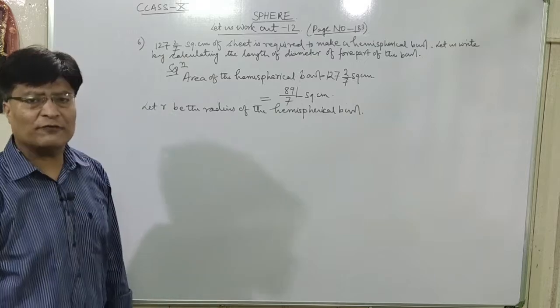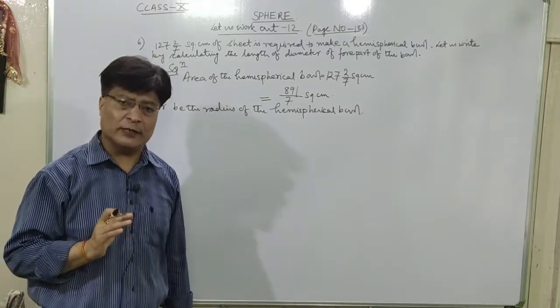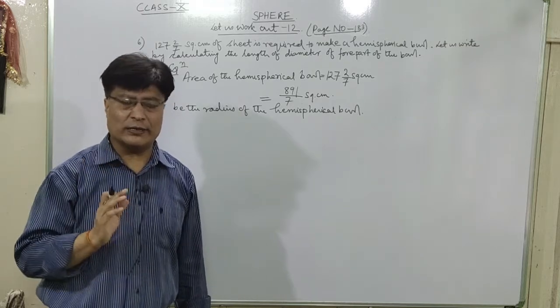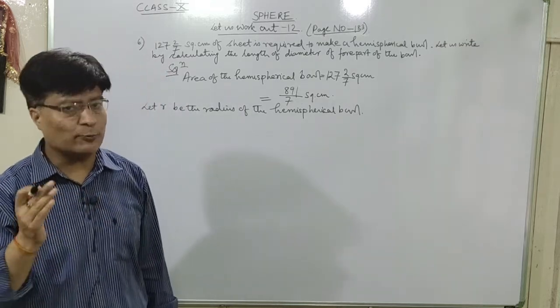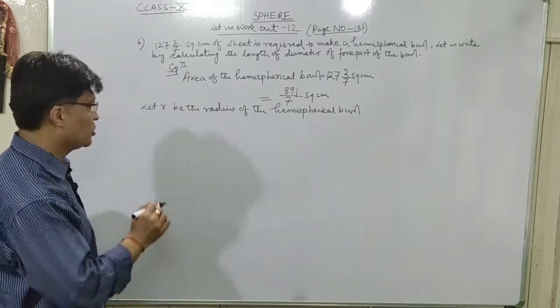So what is the formula for surface area of the hemispherical bowl? Since this is half of the sphere, it is 2 pi r square. You know that the area of the sphere is 4 pi r square. So what is the area of the hemisphere? It is 2 pi r square.